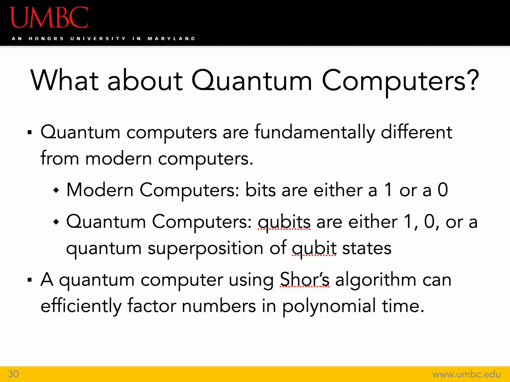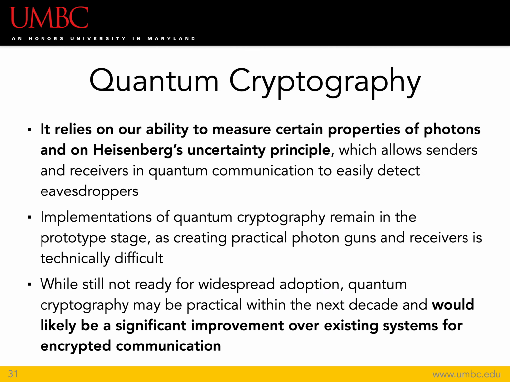So a computer using Shor's algorithm, a famous algorithm defined for quantum computing, can efficiently do number factorization in polynomial time, meaning that it's actually possible to do this in a computationally efficient fashion. And that has implications for crypto systems. In particular, quantum crypto would have to rely on our ability to measure properties of photons using Heisenberg's uncertainty principle, which makes senders and receivers in quantum communication very, very aware of eavesdroppers, right?